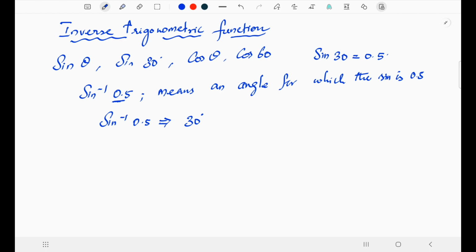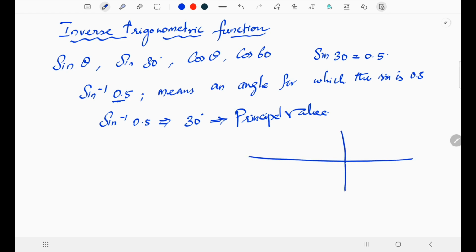But the value the calculator gives is called the principal value. What is the principal value? Because already I told you about the sine wave. What is the sine wave? The sine wave looks like this. It keeps continuing, ranging from plus 1 to minus 1, and this is 0 degree angle.